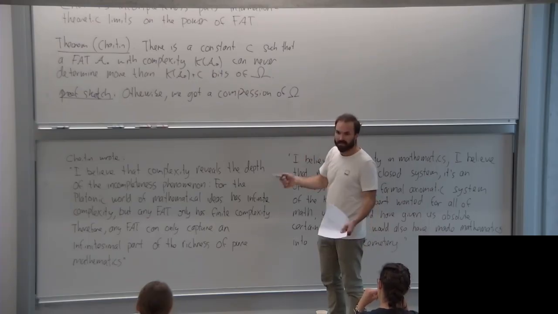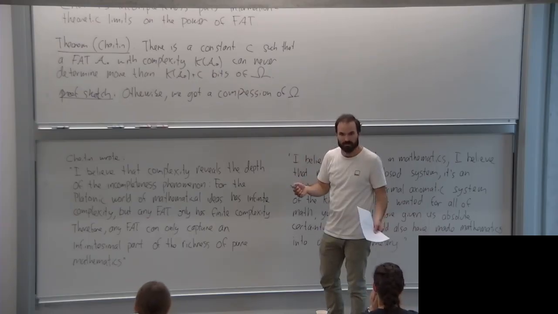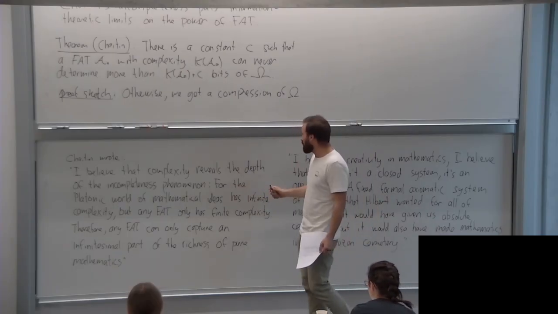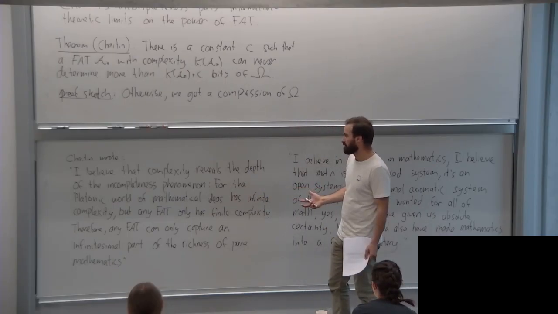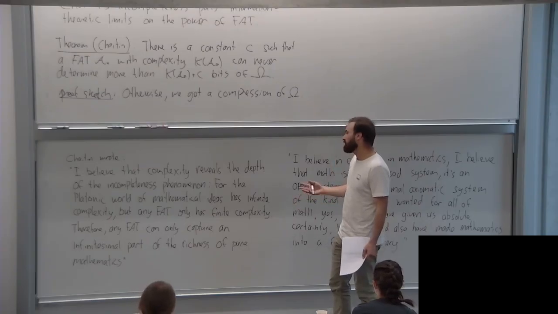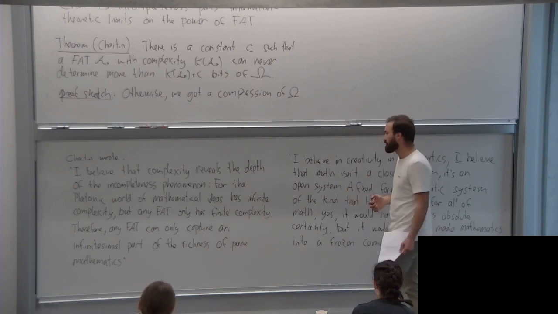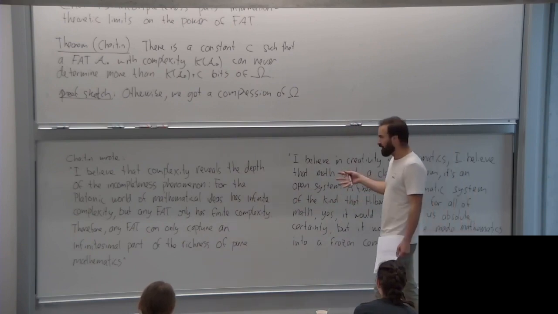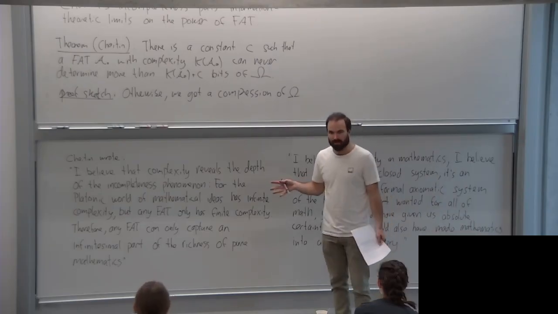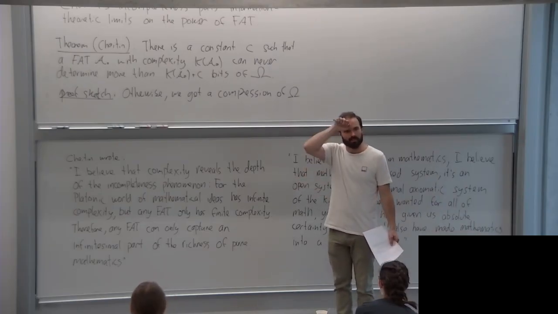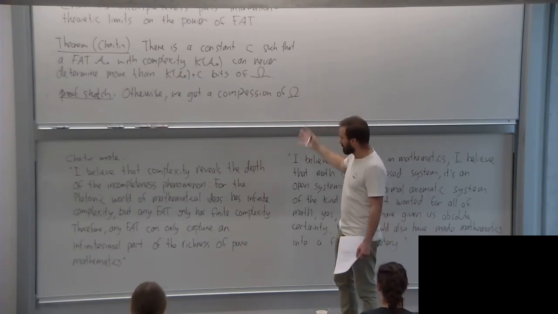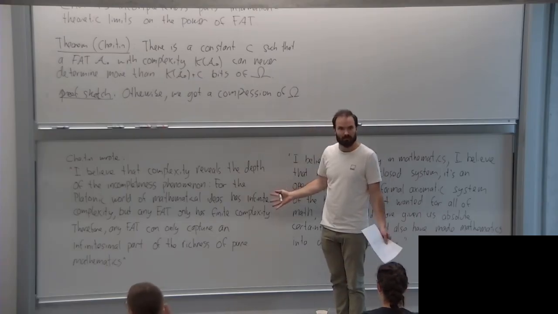And we saw how omega connects with open problems in mathematics. But any formal axiomatic theory only has finite complexity. Therefore, any formal axiomatic theory can only capture an infinitesimal part of the richness of pure mathematics. That's one of the thought-provoking consequences of Chaitin. I think he writes it too in the conclusion of his book, that he basically has those as theorems, and that is his takeaway from it.